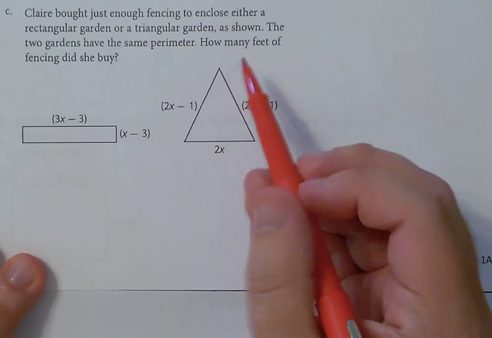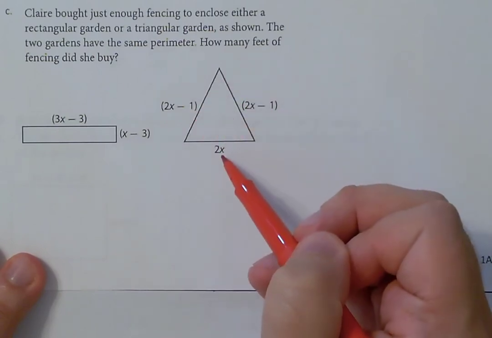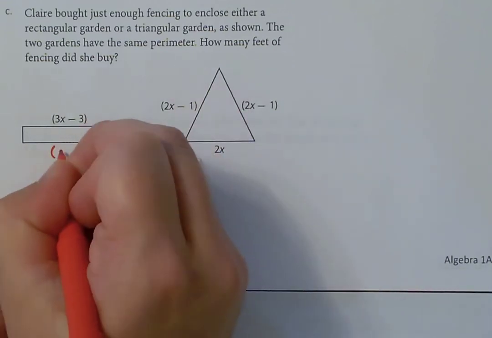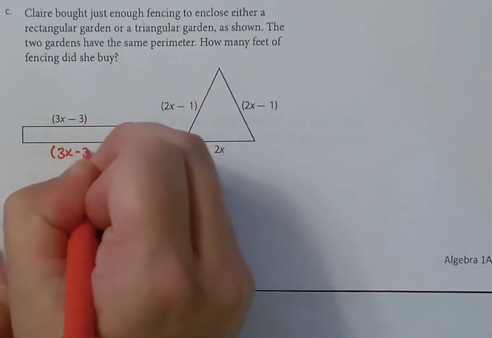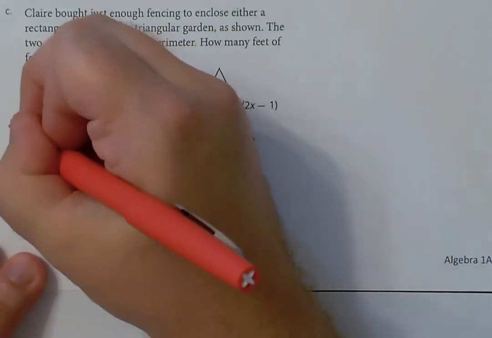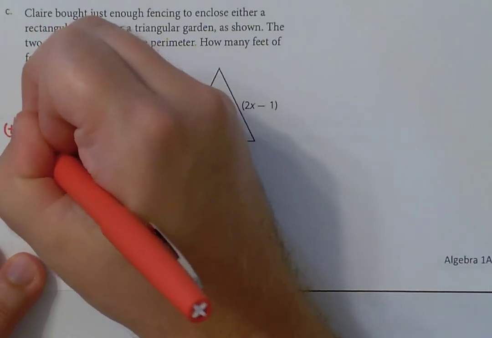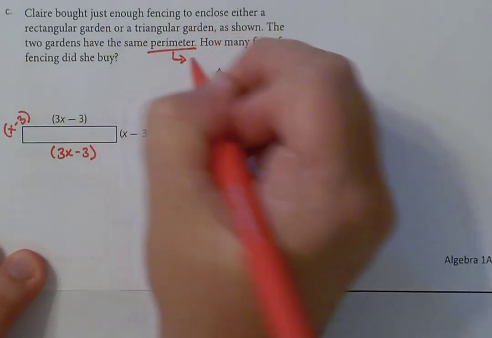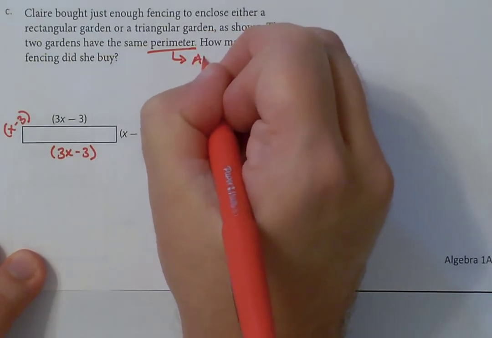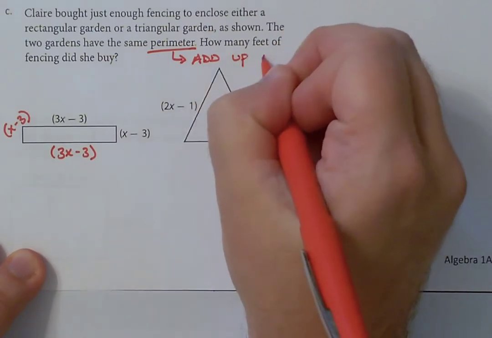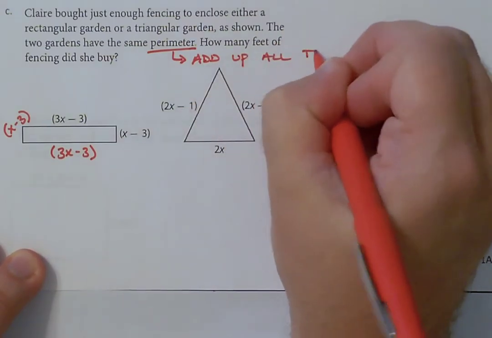They give me the three sides of the triangle, and they do give us the sides of the rectangle. Just remember that opposite sides are equal. So that side is going to be 3x minus 3, and this side is going to be x minus 3. As a quick reminder, perimeter means we add up all the sides.